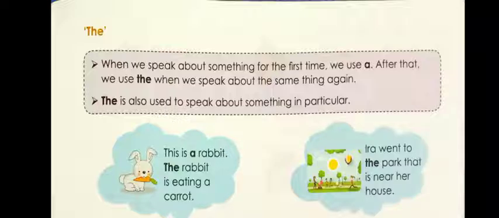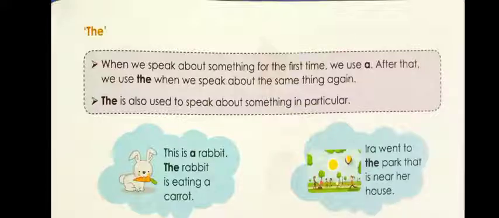She goes to that park daily and plays there. That's why she is particularly talking about the park where she plays daily, isn't it? That's why she is using the. Ira went to the park that is near her house.